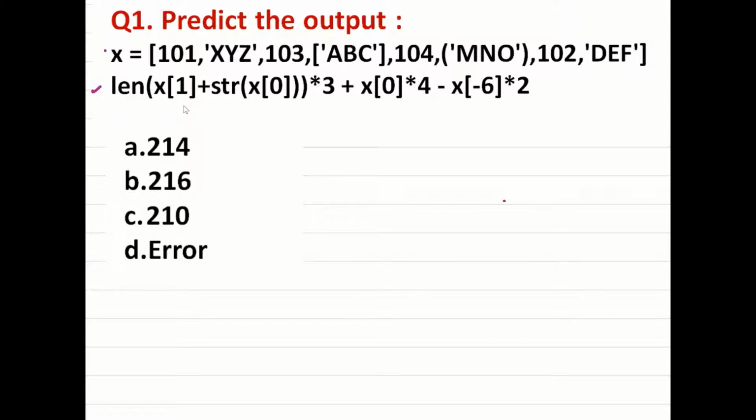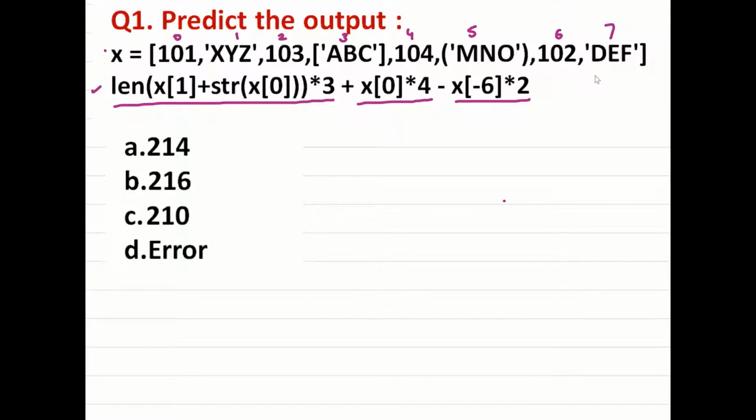Tip number 1 is you have to take care of the brackets. So we have some different parts of this entire statement. Let's solve it part by part. So these are the three parts. First, solve this. Now, first of all, write down the index numbers 0, 1, 2. As you know, index starts with 0.